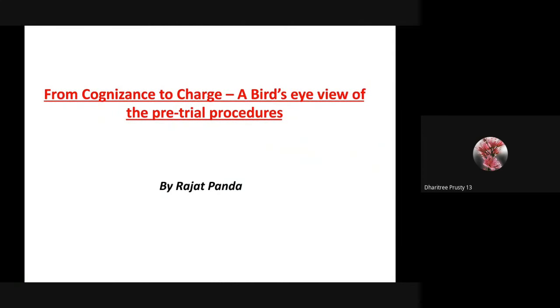So as the topic is, it will be a journey from cognizance to charge. We'll go through various provisions dealing with the magistrate's power to take cognizance, and then we'll discuss the power of summoning by the magistrate. From that, we'll discuss the supply of copies, and then if commitment is needed because the offense is exclusively triable by the court of sessions, then it will be committed.